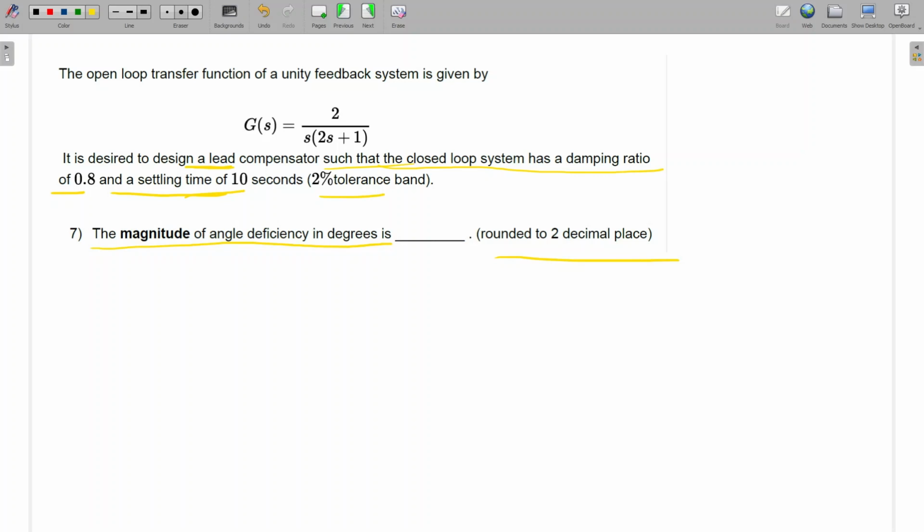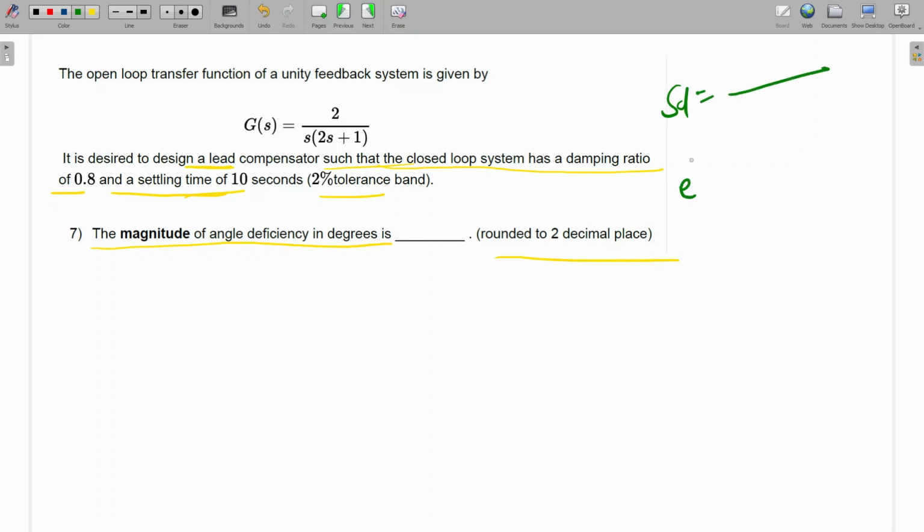For this specification, first we can calculate the angle of the system. How can we calculate it? As I already told, the desired pole sd we can calculate from this data.